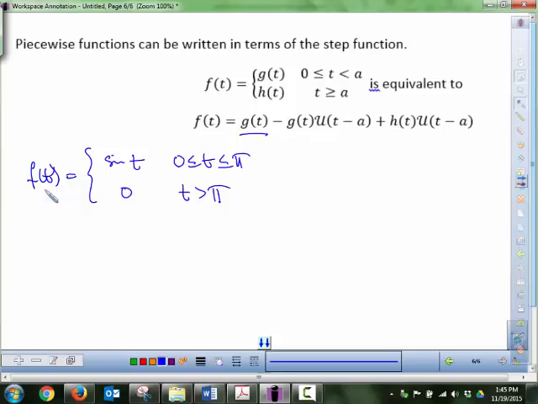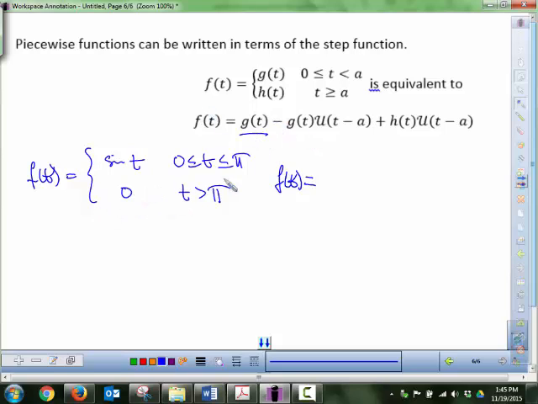So if we have f of t that looks like this, how can I write my f of t as a one-line function, a closed-form function, instead of this piecewise function in pieces?